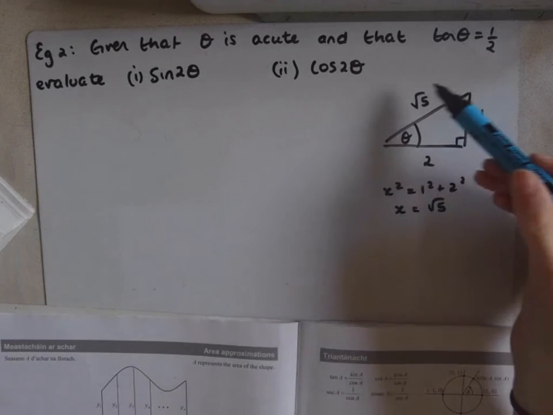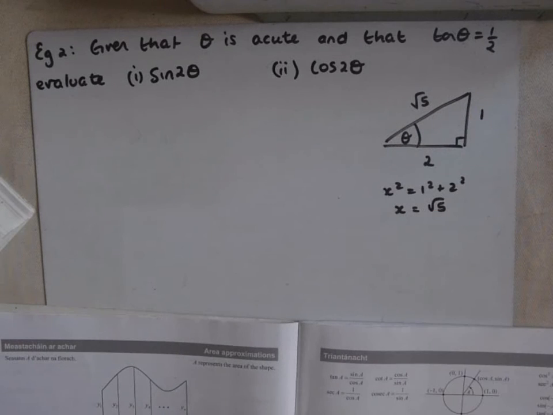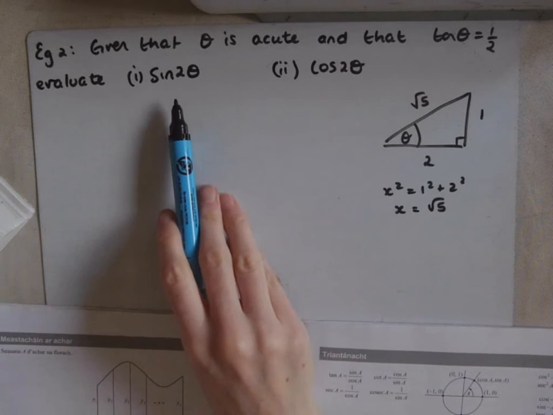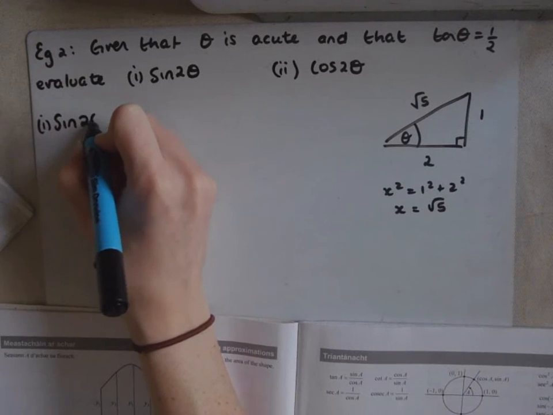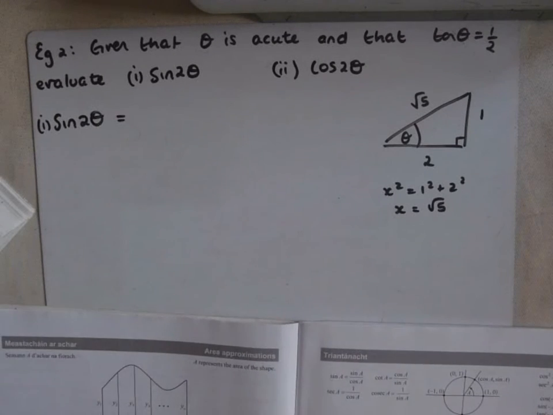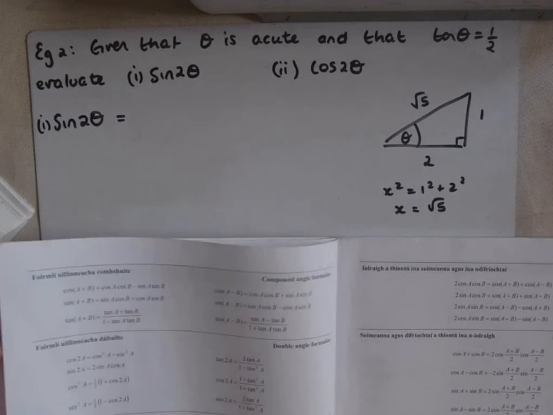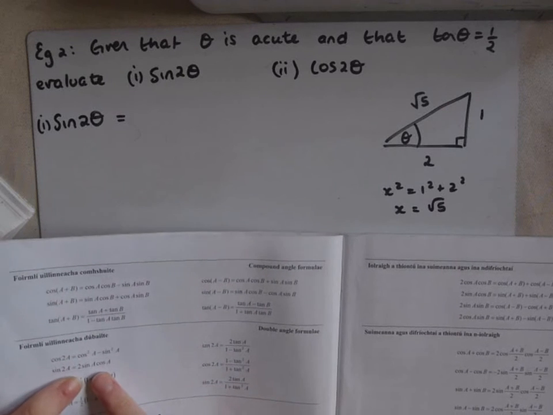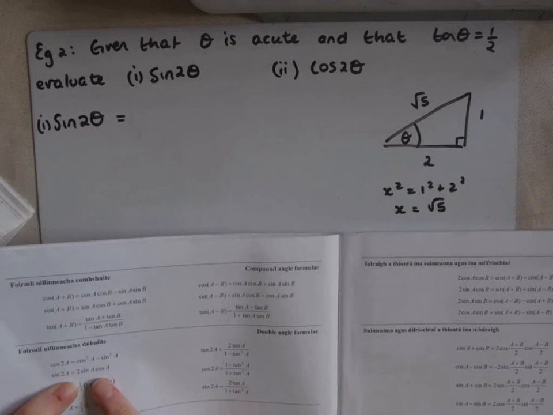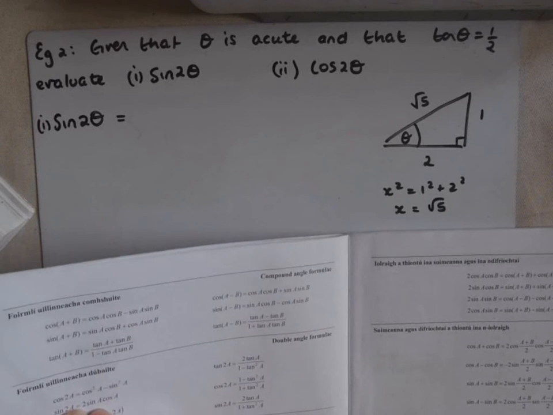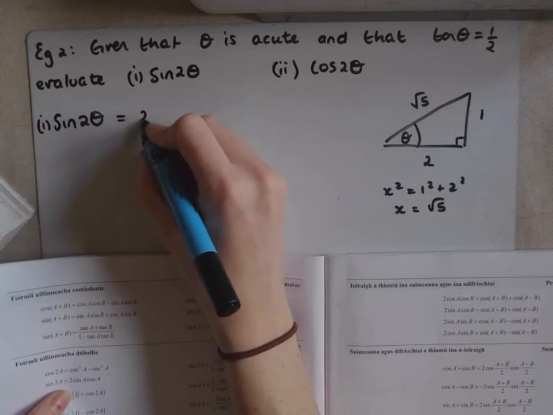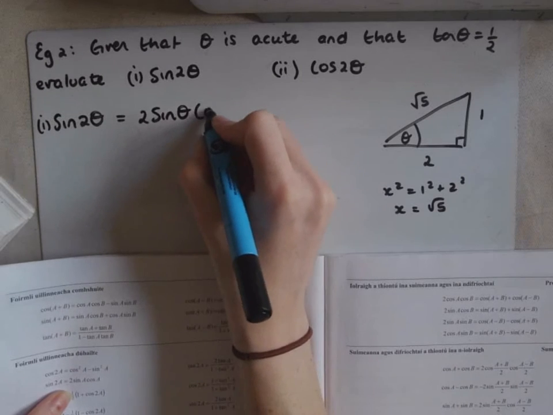Okay, now from that triangle, I'm going to be able to find sine of theta and cos of theta. Now the question is sine of 2 theta. So we need to pick a formula for it that's going to allow us to use sine, cos and tan of theta. So this one here, 2 sine A cos A. So 2 sine theta cos theta.